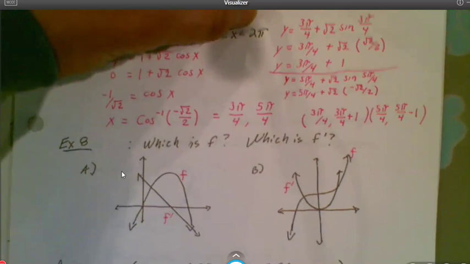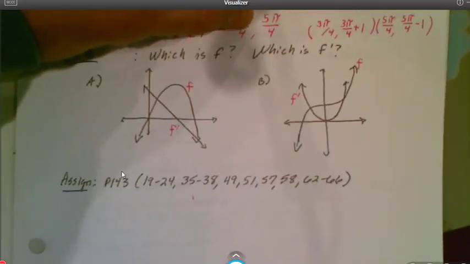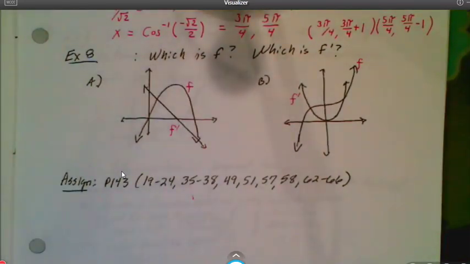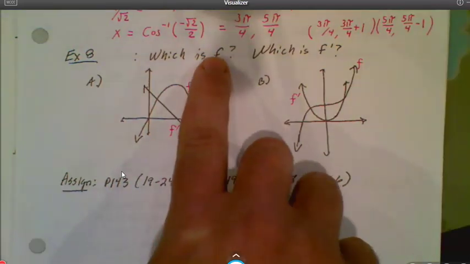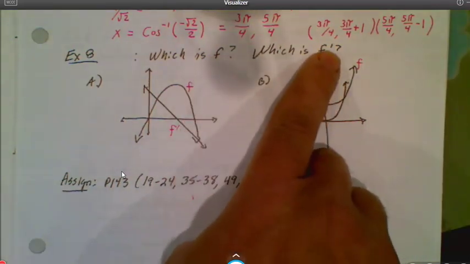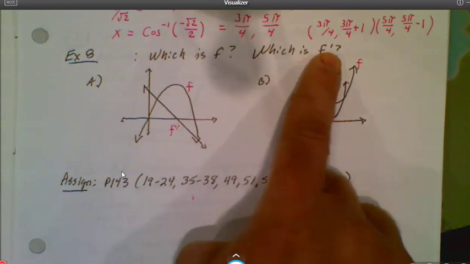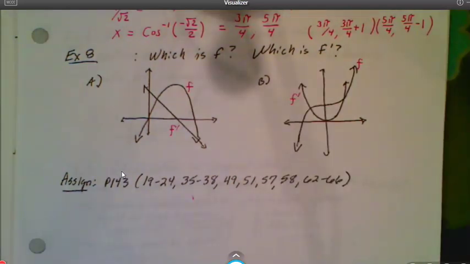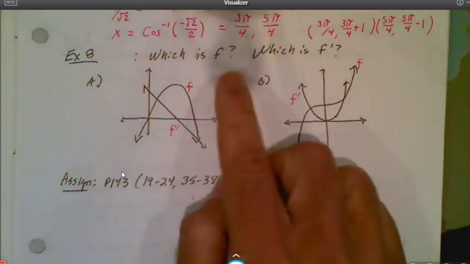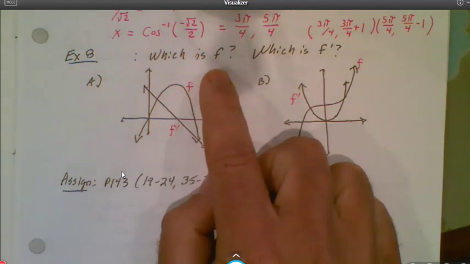And then last thing, and we can end on this, is when you look at these two functions, how do you know which one is the original function and which graph represents the derivative? One super obvious way you could tell on this is the original function would be the higher exponent, because remember, whenever you take a derivative, you subtract one from the exponent.